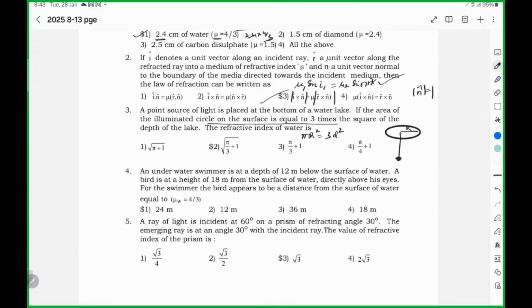So light, when it travels from water to air, at some angle of incidence, is completely reflected. So here it is 90 degrees. Mu sin c is equal to sin 90. Sin c you get 1 by mu. C is called the critical angle. So sin c will be r by h.